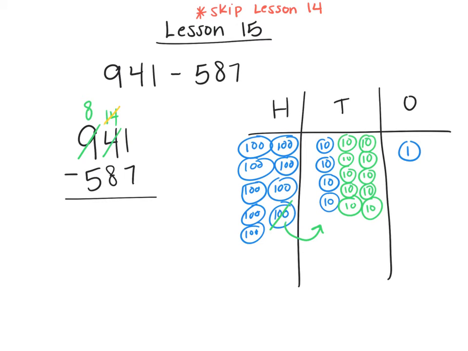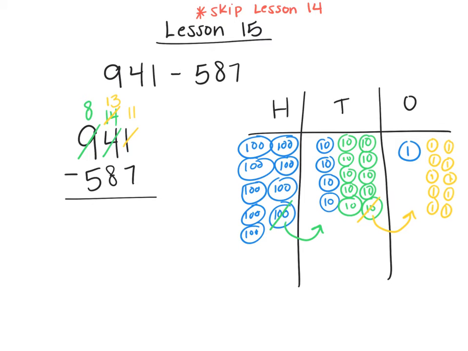So this 14 now becomes a 13, and I'm going to take that 10 and move it over and create 10 ones. 4, 5, 6, 7, 8, 9, and 10. Okay, and so now I have 10 plus one more is 11 in my ones place.